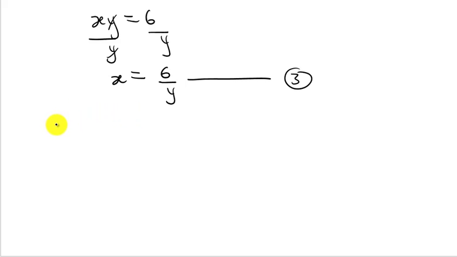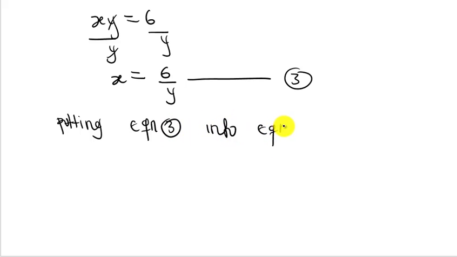So putting equation 3 into equation 1. In equation 1, we were having (x - 1)y² being equal to 9.